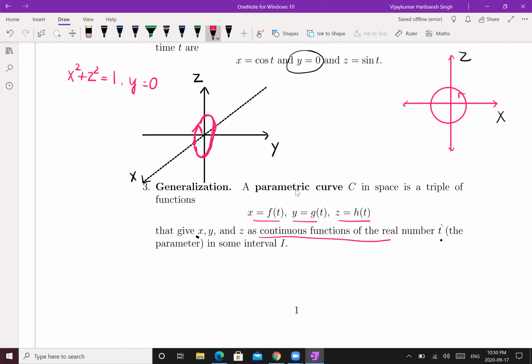Here t is the parameter, and t can either come from R or from some interval I. The continuity is important so that the curve doesn't have breaks in it. We want a fairly nice definition for the curve, and hence we impose that.